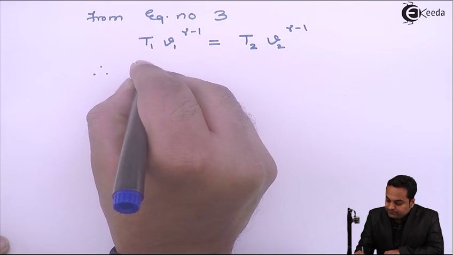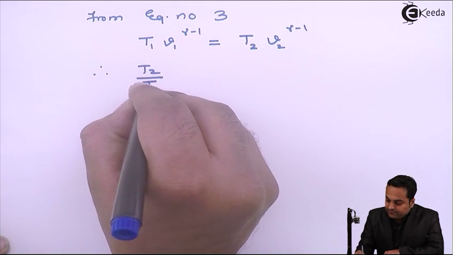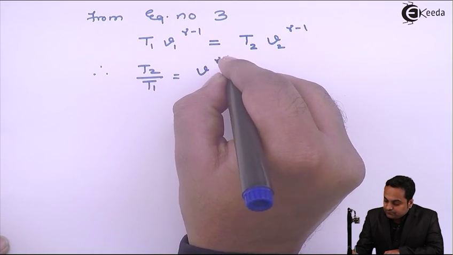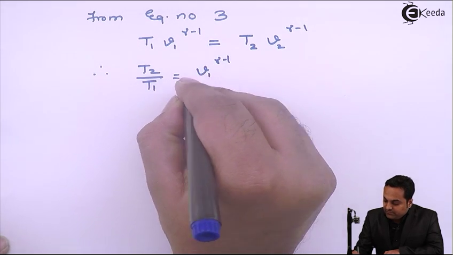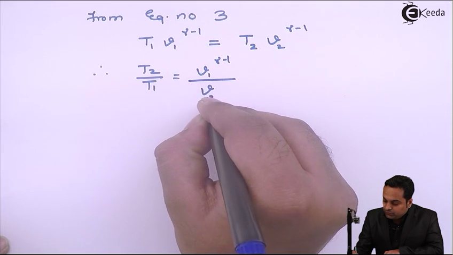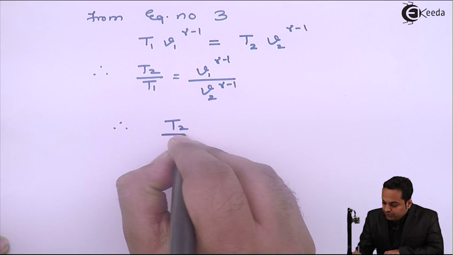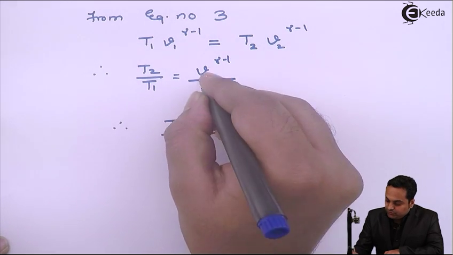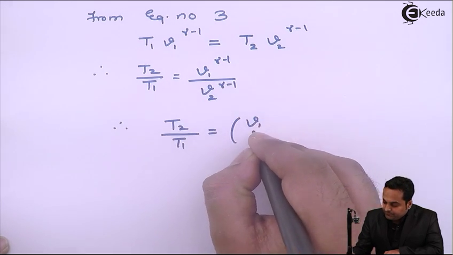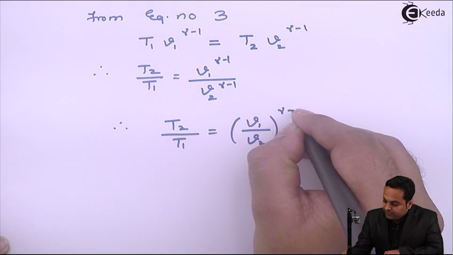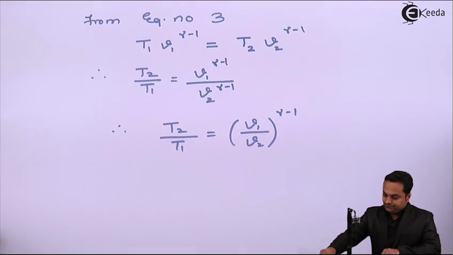So therefore T2 upon T1 will be equal to V1 raised to gamma minus 1 upon V2 raised to gamma minus 1. So from this, T2 by T1 is equal to V1 by V2 common raised to the power gamma minus 1.